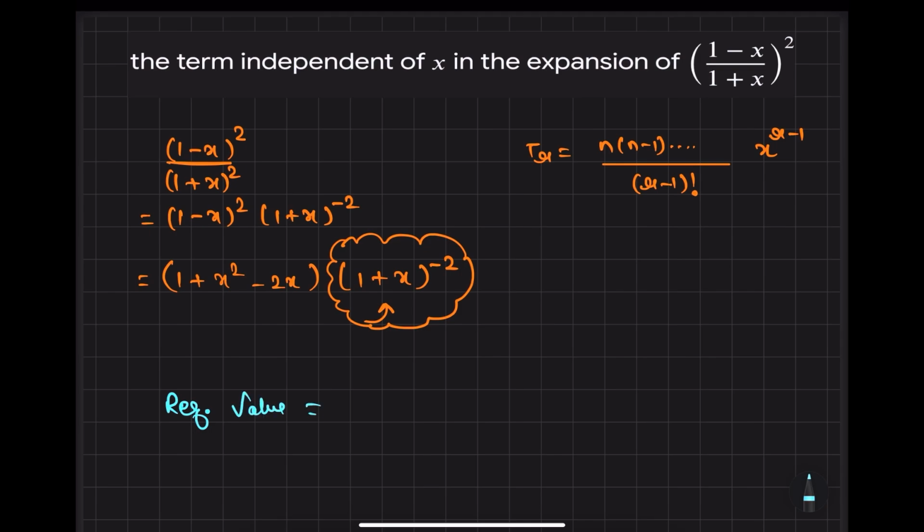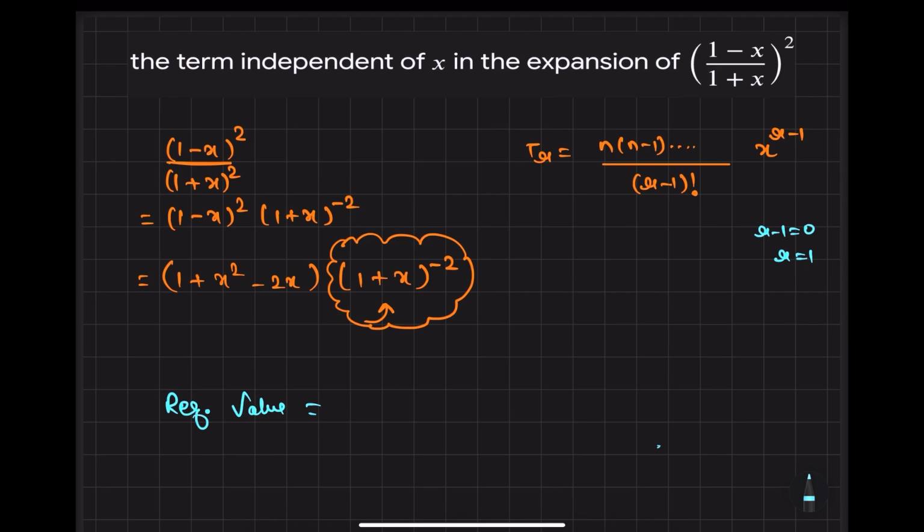So you know that here also you can have x power 0. For that, what we will do? We will take r minus 1 equals 0, so r will become 1. So if r is 1, then we will have the x power 0 thing.